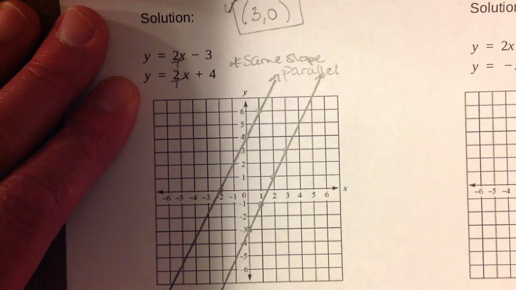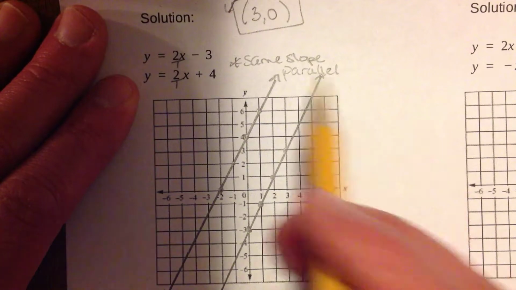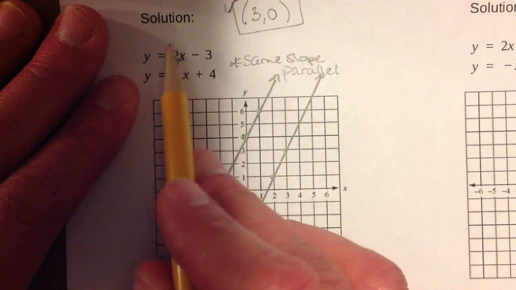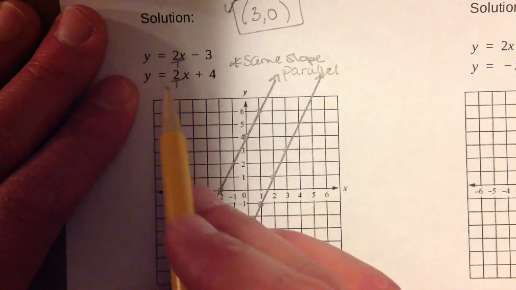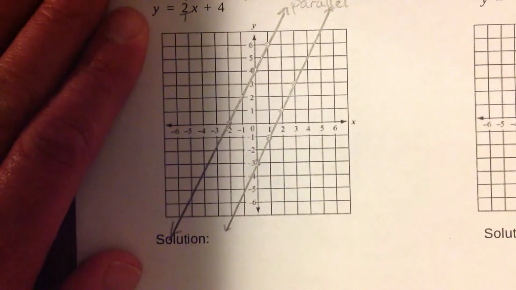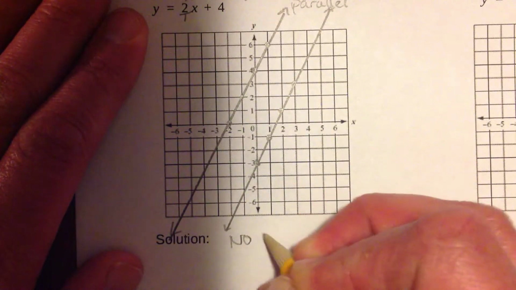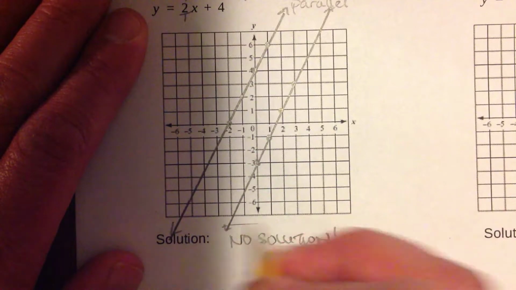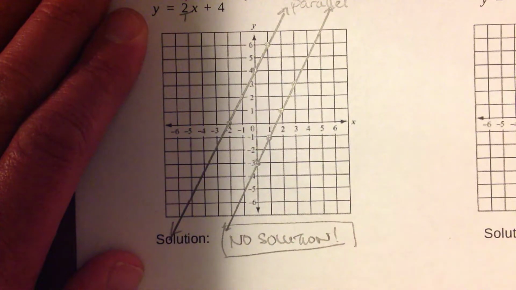And if our goal is to find the solution, or where they intersect, we know that parallel lines do not intersect. So what we know is if you have two lines that have the same slope, that means they're parallel, which means they don't intersect, which means we have no solution. These lines will never intersect.